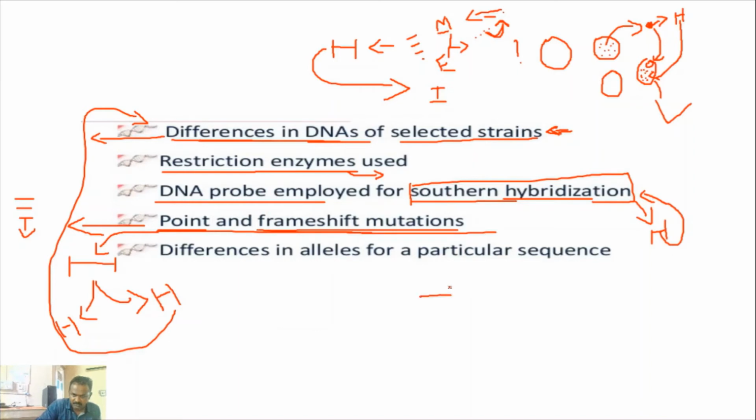You know very well, a codon is made of three triplet nucleotides. Each codon codes for a corresponding amino acid at the time of protein synthesis.